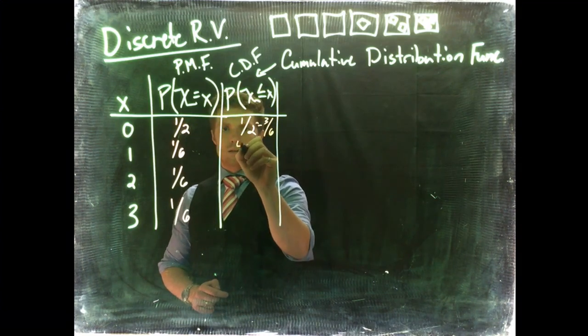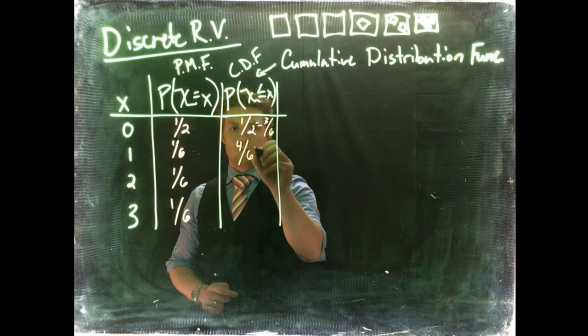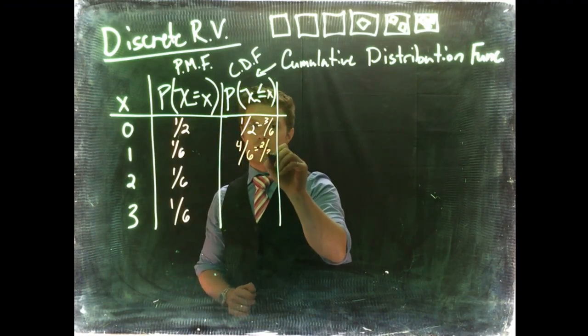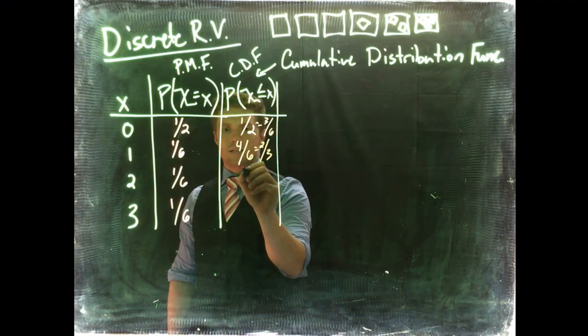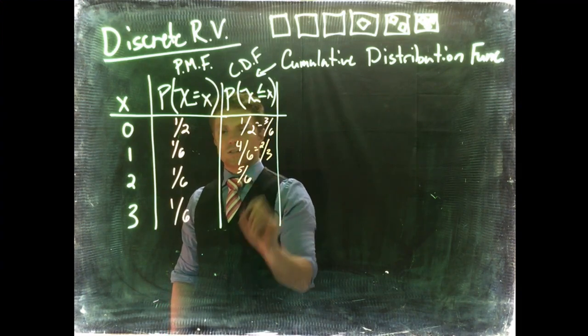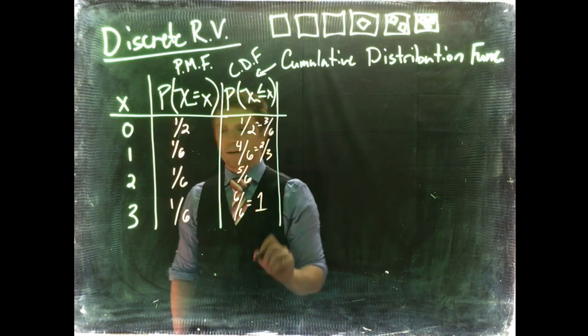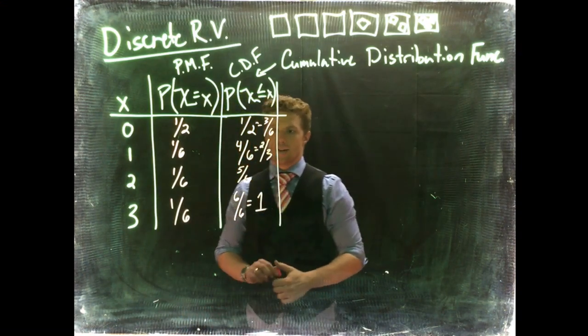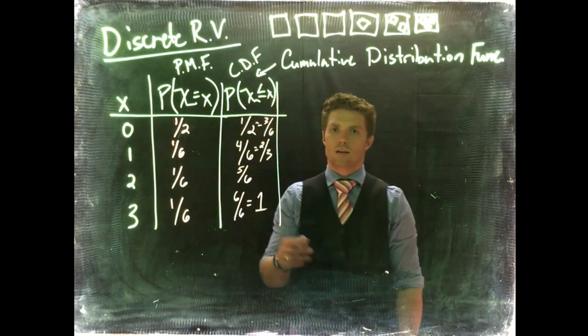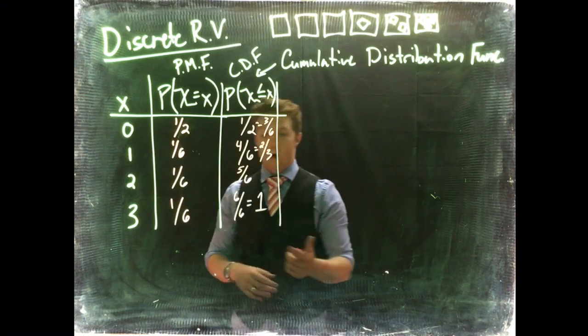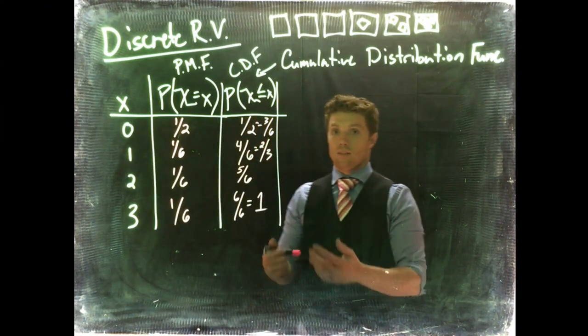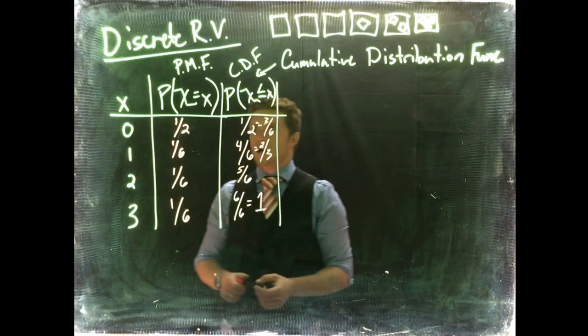So this would be 4/6, which we can simplify down to 2/3 if you want. And then this one is going to be 5/6. And then this last one is going to be 6/6, which is equal to 1. So on our CDF, the last value will always equal 1. You'll know you've done it right if the last one is 1.